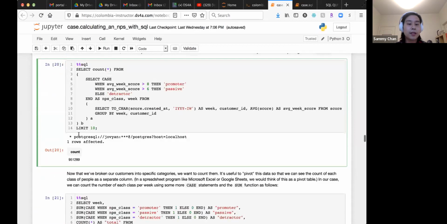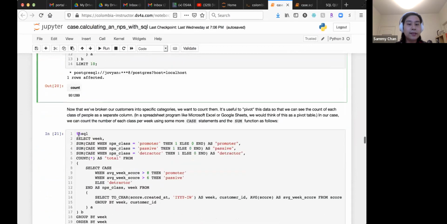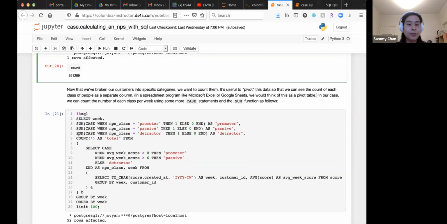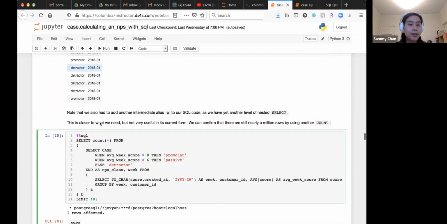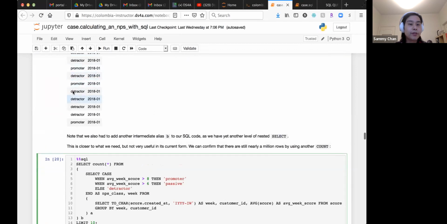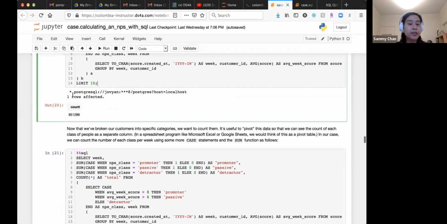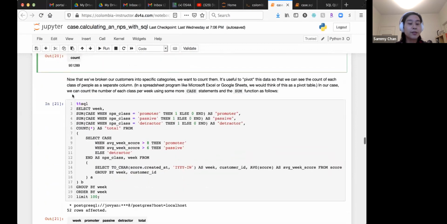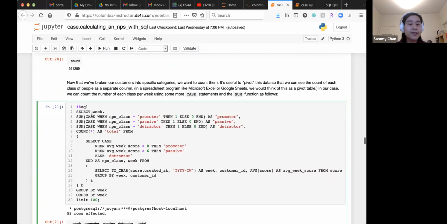So now we needed to sum the number of promoter, detractor, and passive within that particular week in order to get to what we want to see.